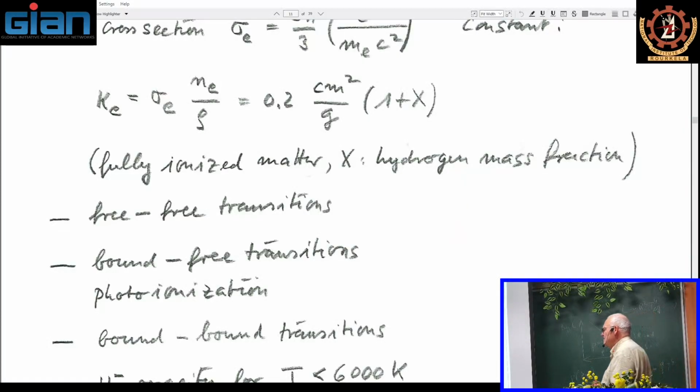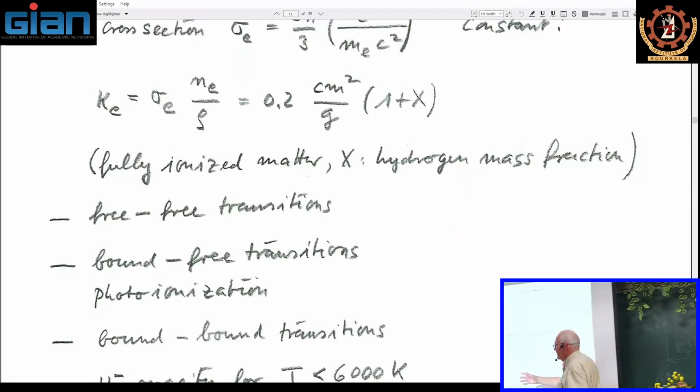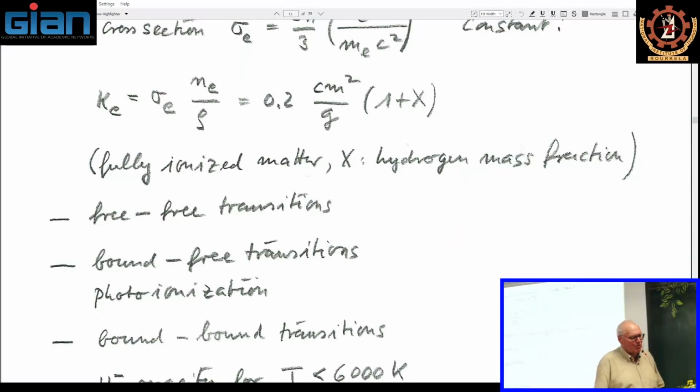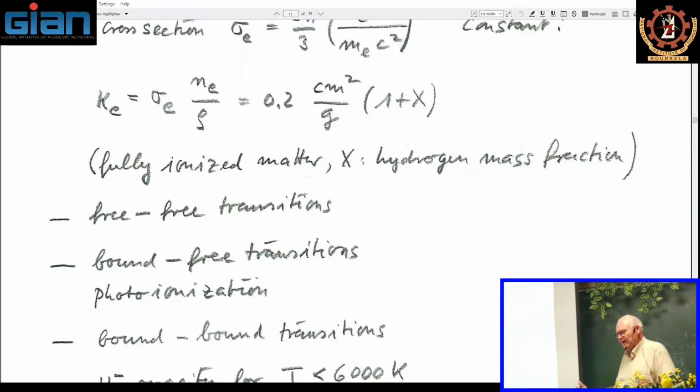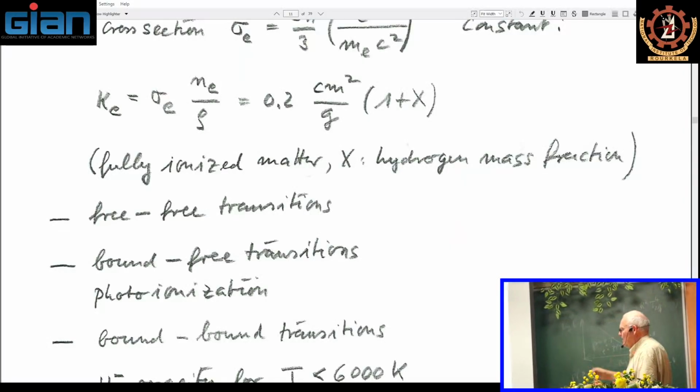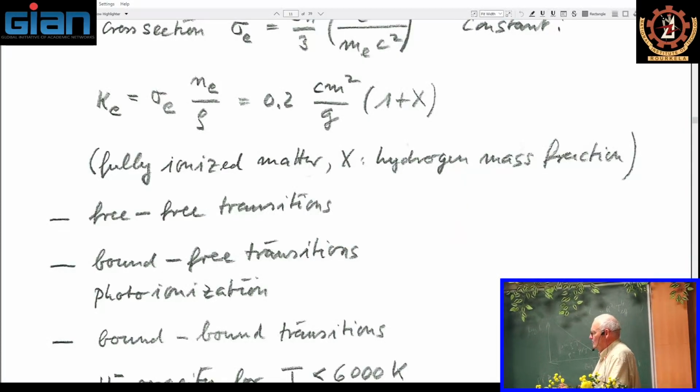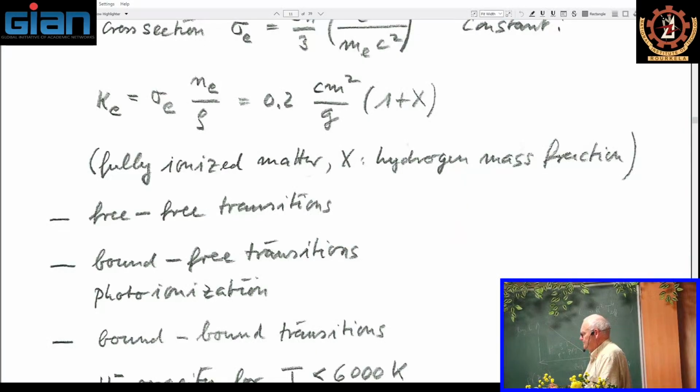These processes take out a lot of energy, and these contribute to the opacity in a very efficient way. These are the bound-free transitions. So photoionization, keep in mind, is one of the processes which contribute to the interaction of photons and matter and lead to a significant contribution to opacity.